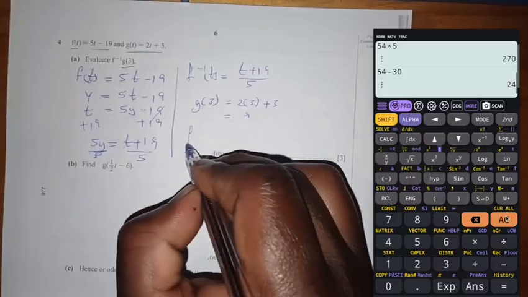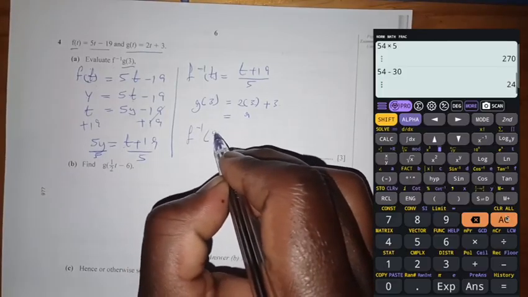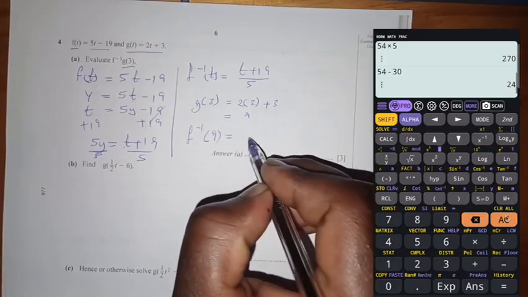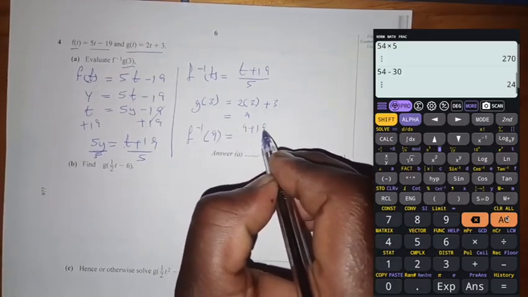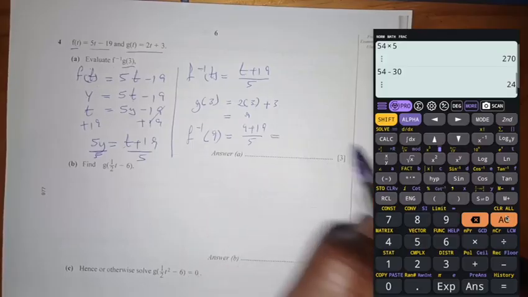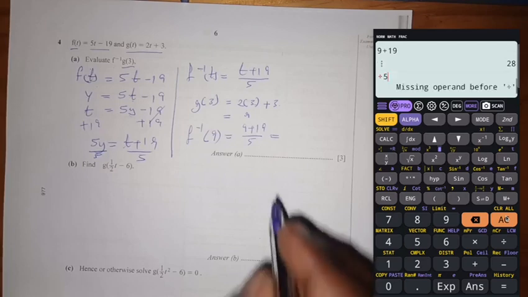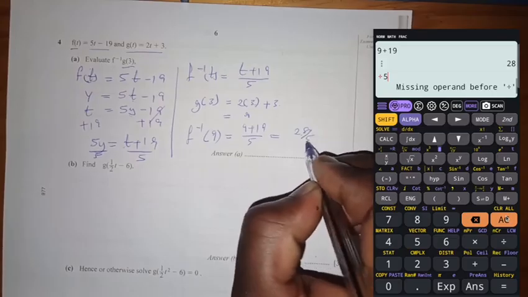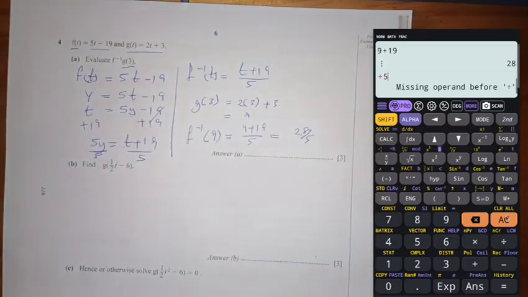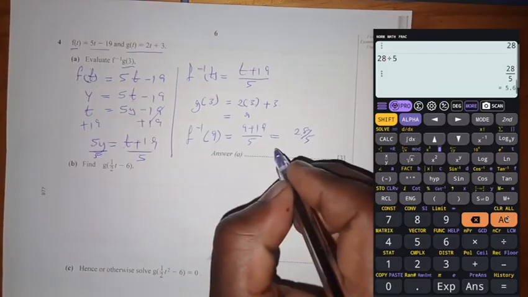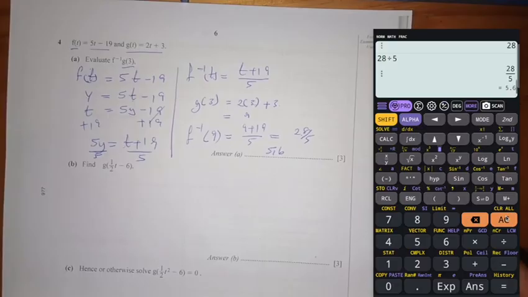Now, f inverse of 9 is equal to 9 plus 19 over 5. 9 plus 19 is 28, so this is 28 over 5, which is 5.6. That's the answer there.